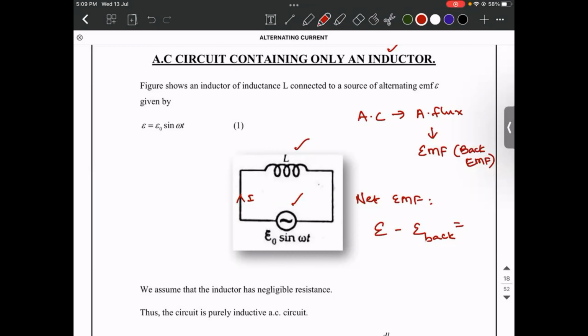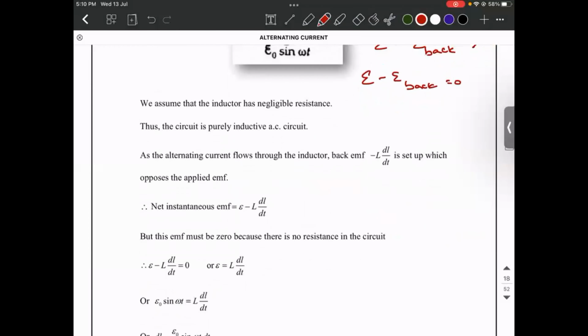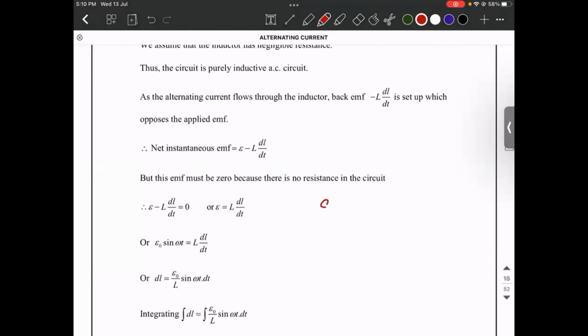The net potential difference is the current flowing through it multiplied by the resistance, but the resistance becomes 0. So E minus E back is equal to 0. The important conclusion is that E will be equal to E back.